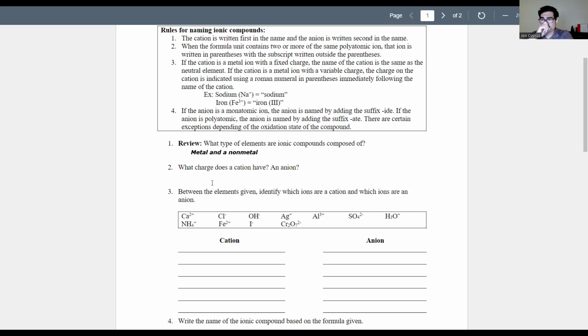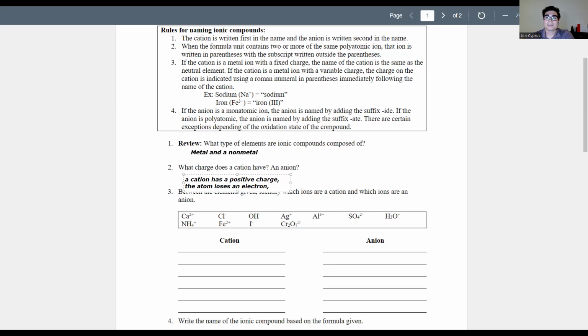What charge does a cation have? So a cation has a positive charge. This means that the atom loses an electron, right? So the fewer electrons you have, the more positive you are, because electrons are negatively charged.